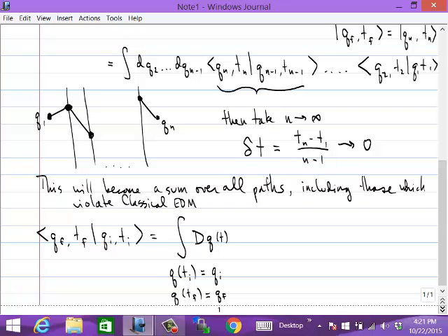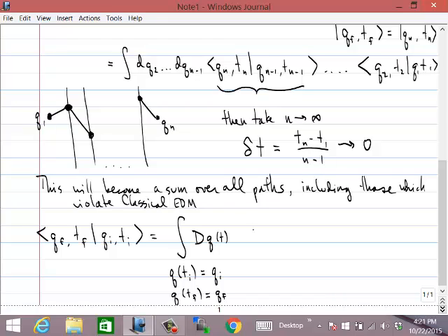So there are really two things that we're going to need to do in order to make this idea precise. The first thing is we need to understand what it means to integrate over a space of functions as opposed to just integrating over some finite dimensional space like you might have learned to do in your classes on single or multivariable calculus.